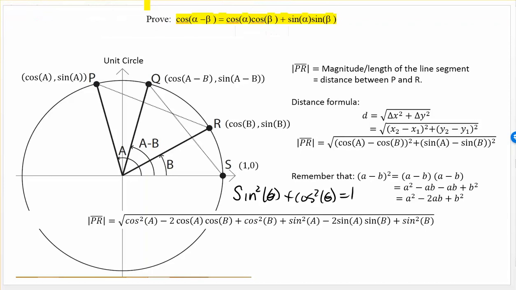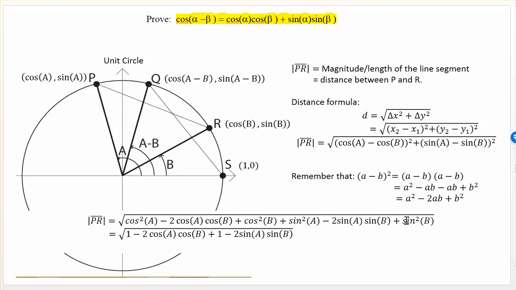So here I have a cosine squared A and a sine squared A, and here I have a cosine squared B and a sine squared B. So I can replace the yellows with a 1 and the blue values with a 1, which is what I do in the next slide.